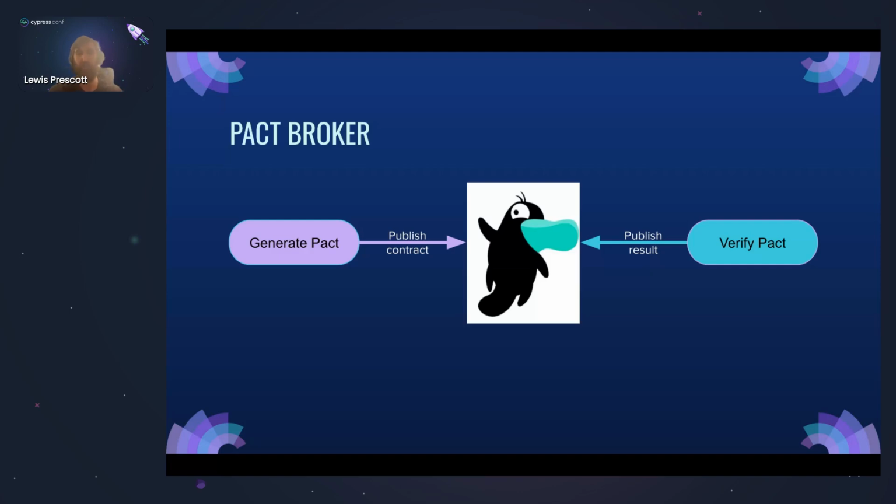So the consumer will publish their contract that they've generated from their code, from their tests. They will publish that to the Pact broker, and then the provider will then pull down that contract to their local running service, run the test against it, and publish the result back to the broker.